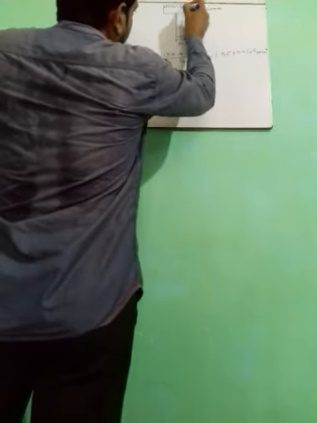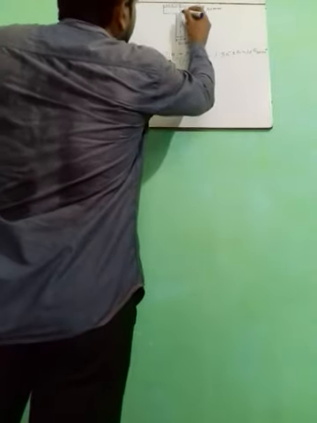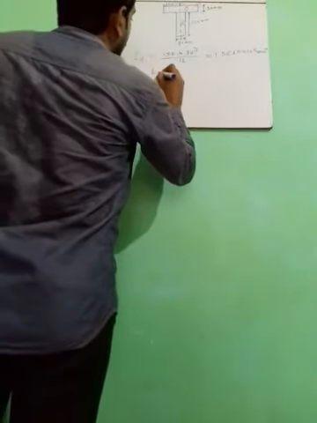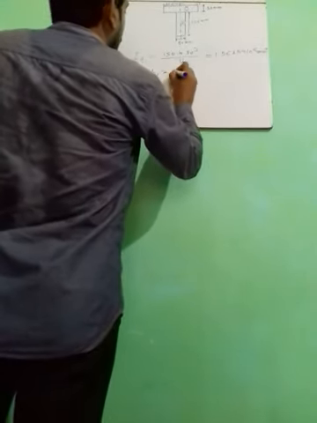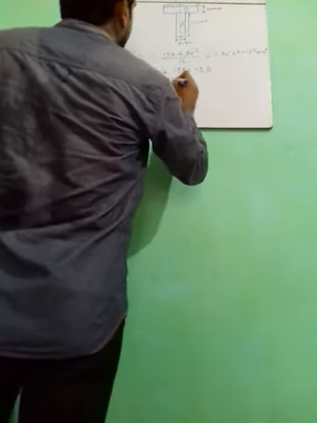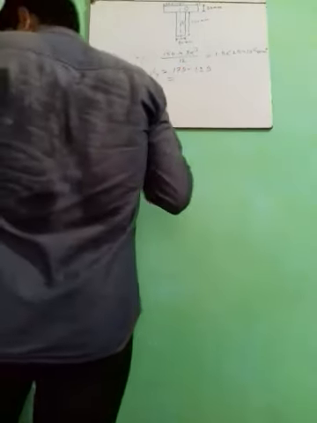So the distance from this point to this point is 175 minus 125. Therefore, H1 equals 175 minus 125, equal to 50 mm.